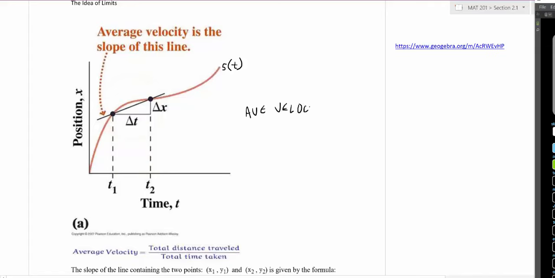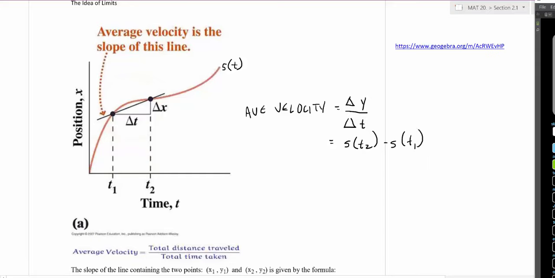on this, and a lot of times we write it like this: it's a change in y values. So we might say it's a slope, a change in y values over the change in time. In general, in this particular case, we would say s of t2 minus s of t1.